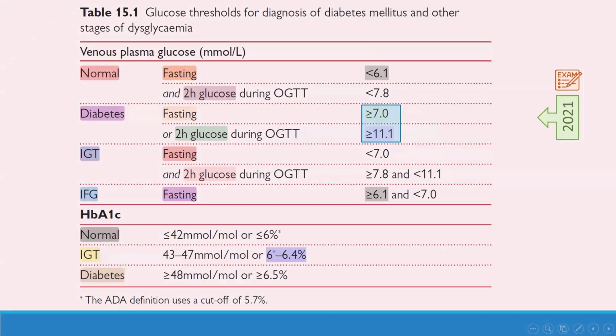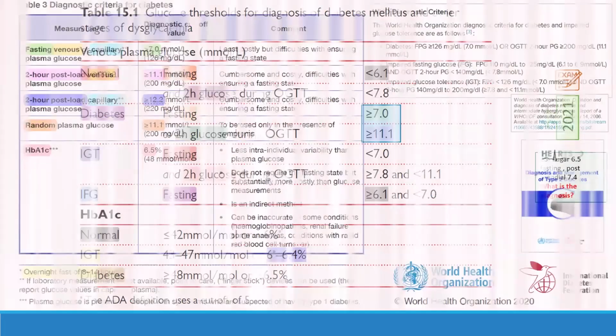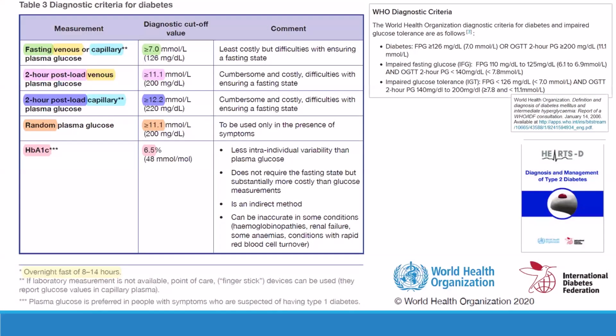So it is very, very important to know the numbers, because in each exam they will ask about a case scenario and ask whether it is diabetic, impaired glucose, or impaired fasting. And they may ask a question related to the progression. This is a WHO and IDF table.